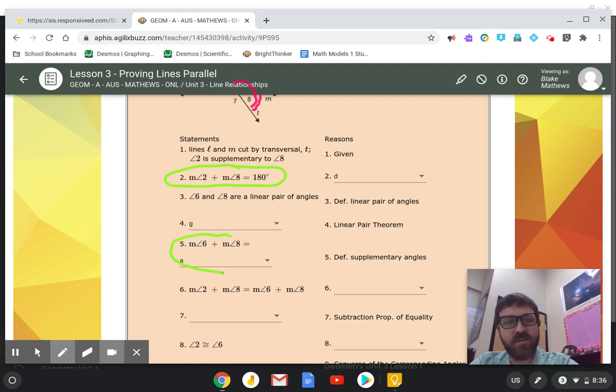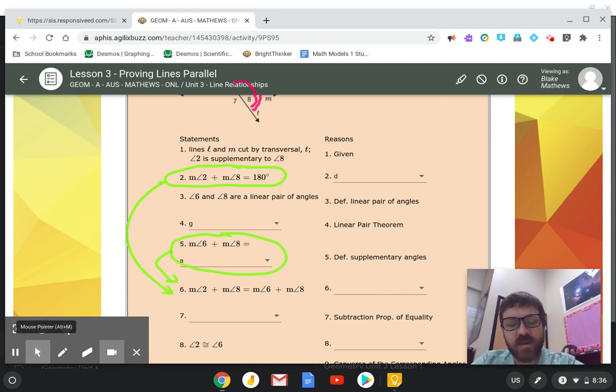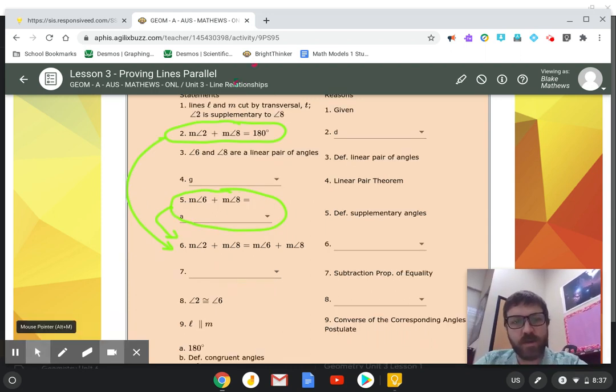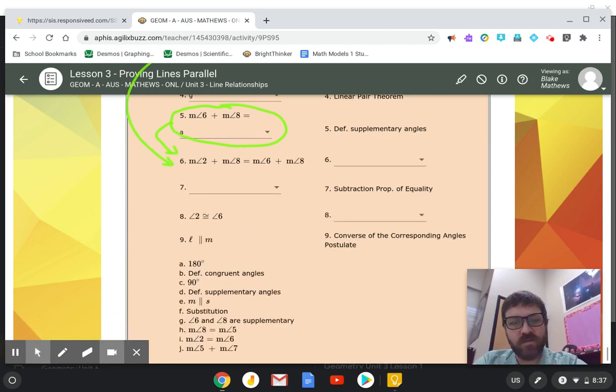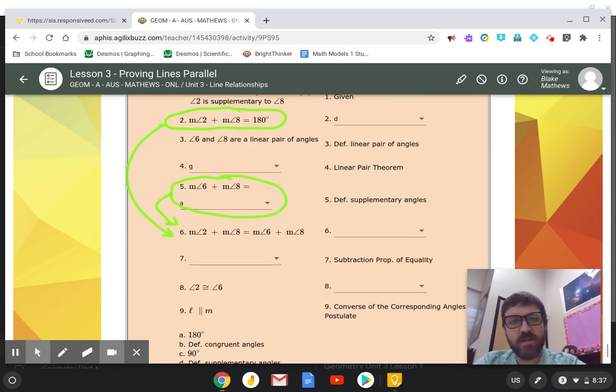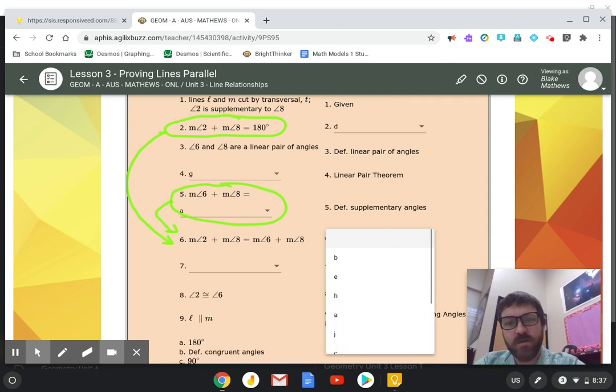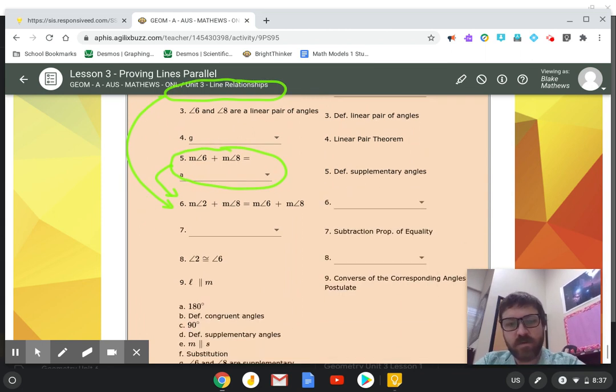And then we said angle 6 plus angle 8 equals 180. So if they both equal 180, then we can say what we say in number 6, which is that angle 2 plus angle 8 is equal to angle 6 plus angle 8. So that is just substitution, F. Anytime you combine equations, you're looking at substitution.